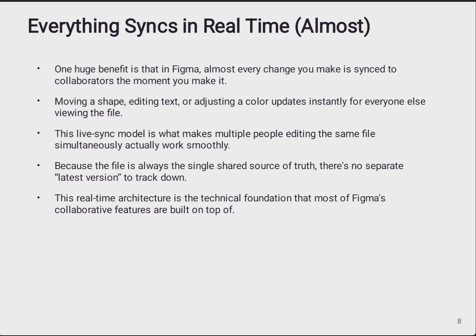This live sync model is what makes multiple people editing the same file simultaneously actually work smoothly. Because the file is always the single shared source of truth, there's no separate latest version to track down. This real-time architecture is the technical foundation that most of Figma's collaborative features are built on top of.